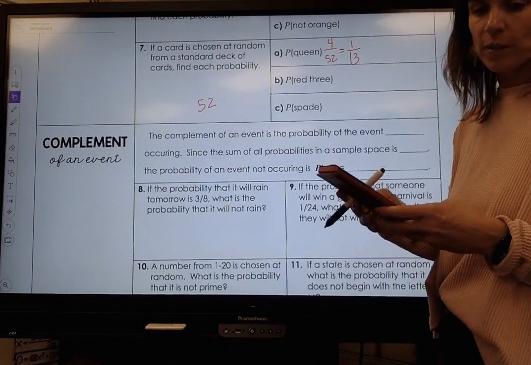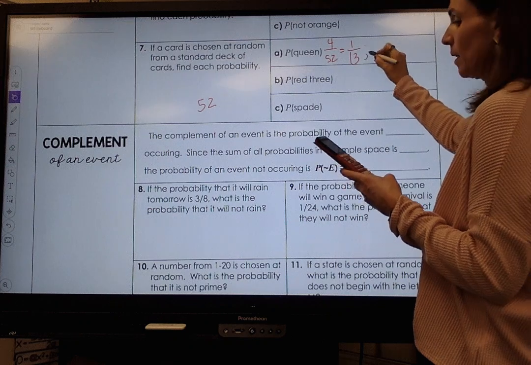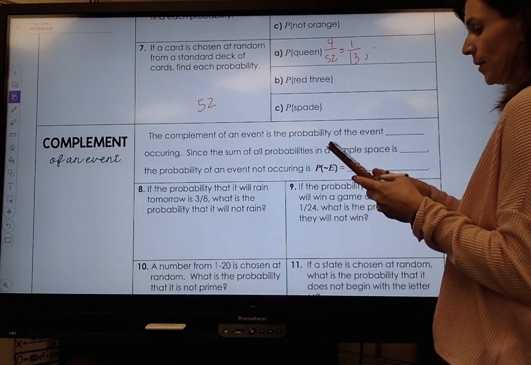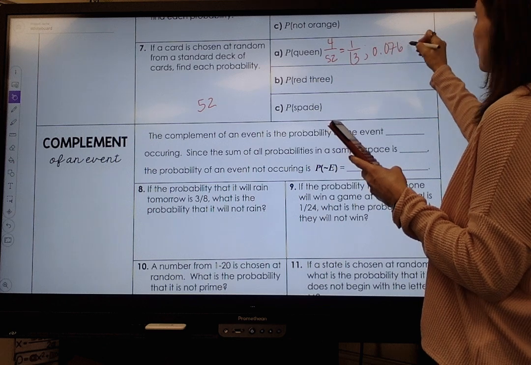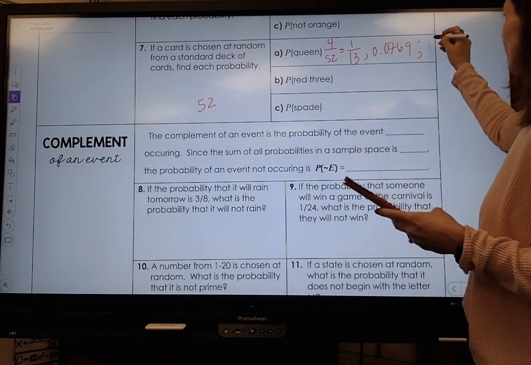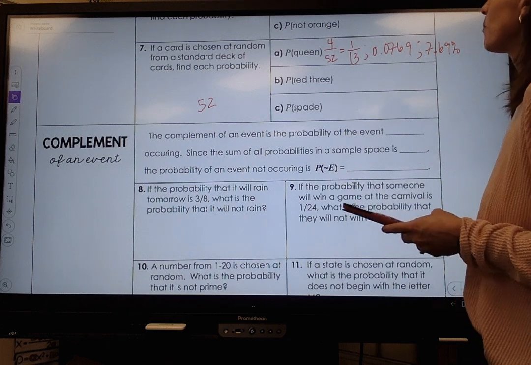If I want to express that as a decimal, it's 0.0769, and expressed as a percent is 7.69%.